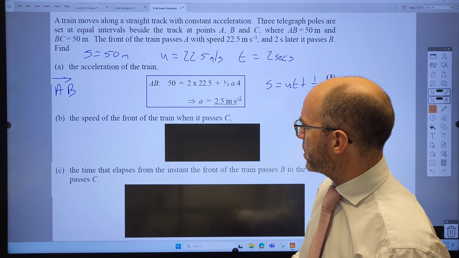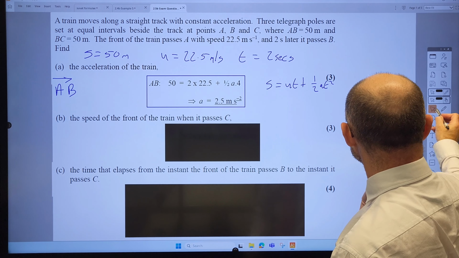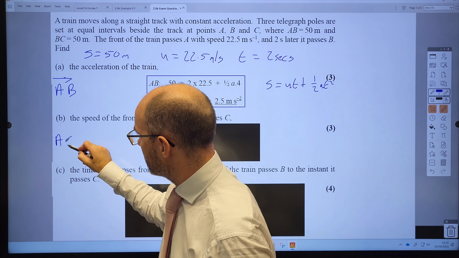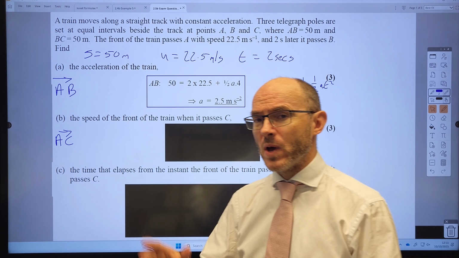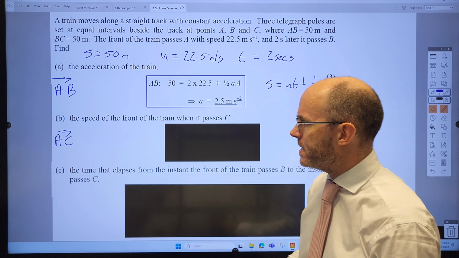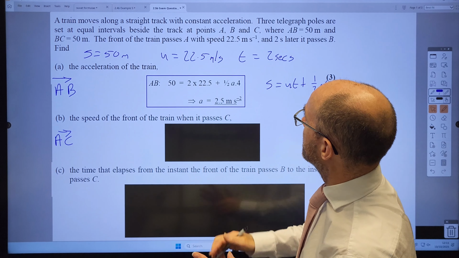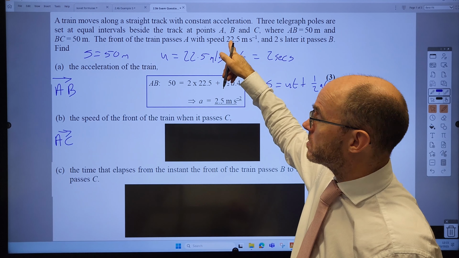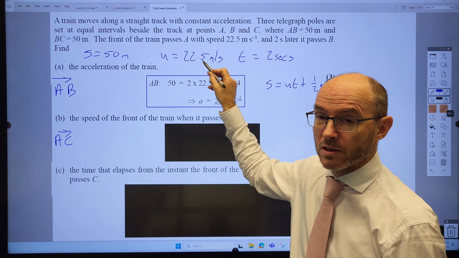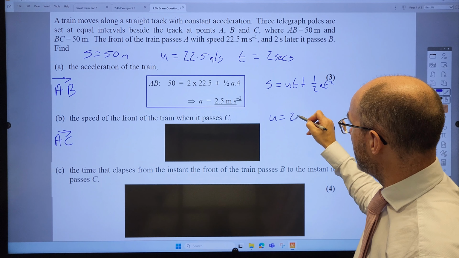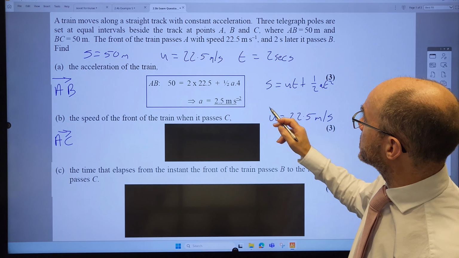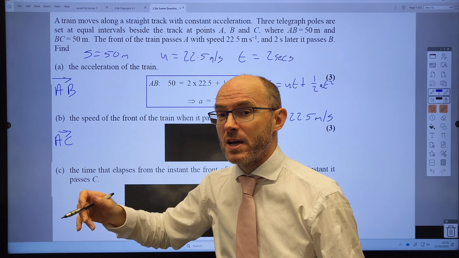Now part b, the speed of the train when it passes C. This time what I'm going to consider is moving from A through to C. So you've got a choice, you can do A to B, B to C, or A through to C. In this particular scenario, I'm going to go for A through to C. The reason is that you're given the speed when it passes through A is 22.5, so you can still use that. u is 22.5 if you consider it from A through to C, and the total distance is 50 plus another 50, that's 100.